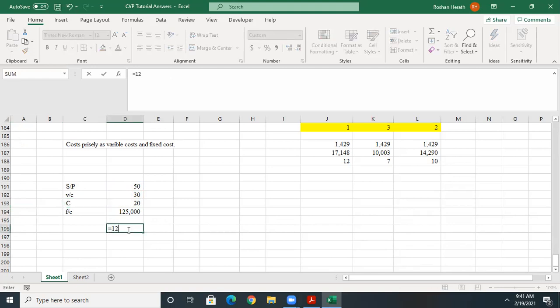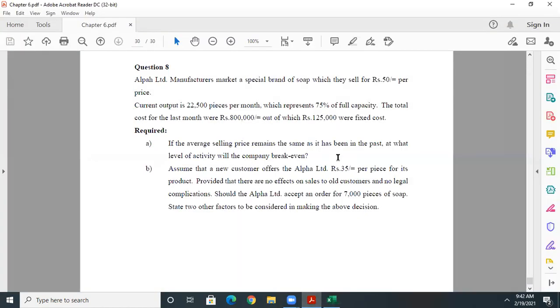So therefore the break even is 125,000 divided by 20. Yes, it's 6,250. Break even occurs at 6,250 units.